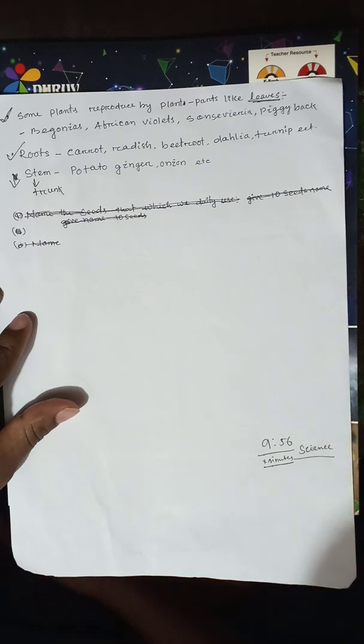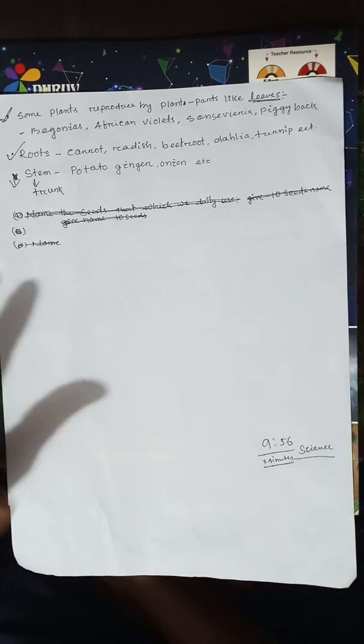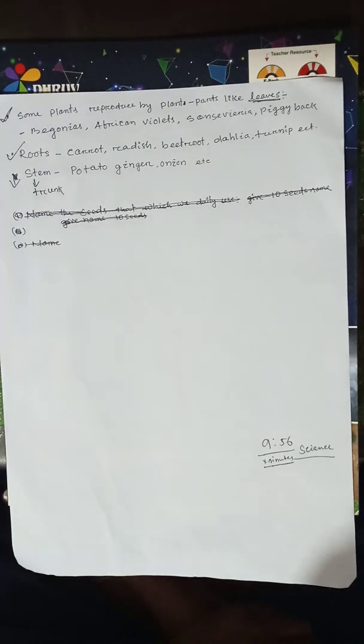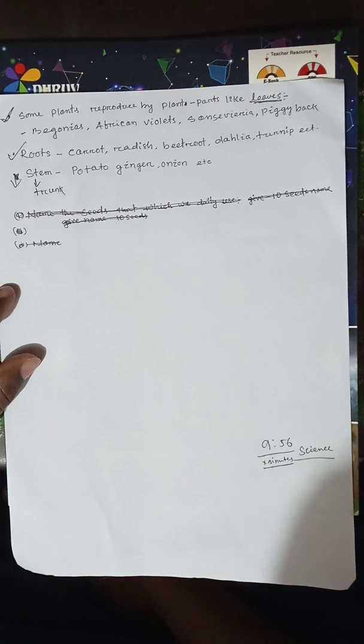Then stem. Stem means trunk. How do they reproduce a plant through the trunk? There are examples: potato, ginger, onion. These are the plants that reproduce through their stem.